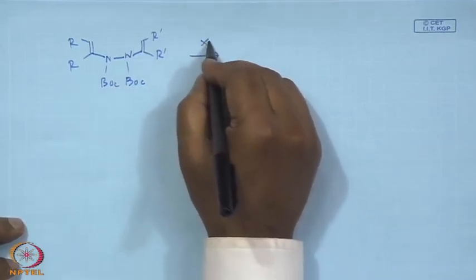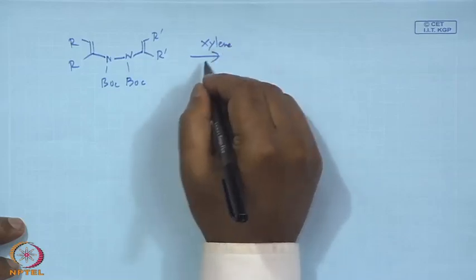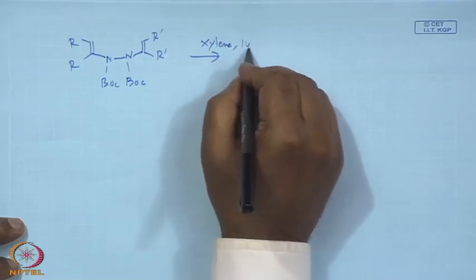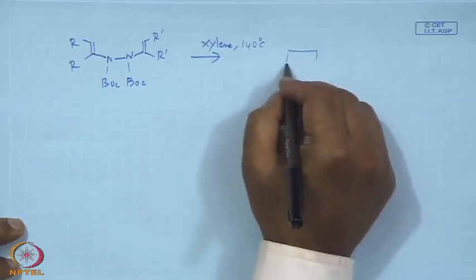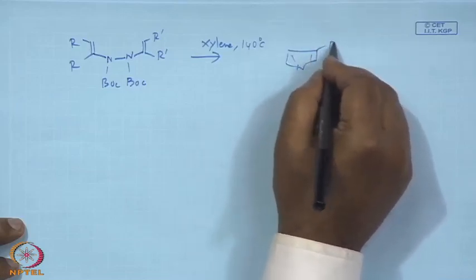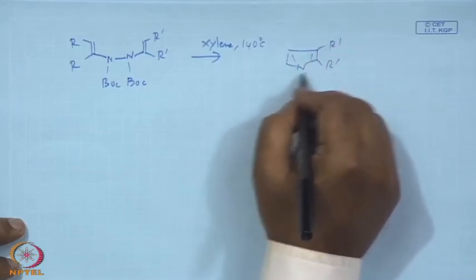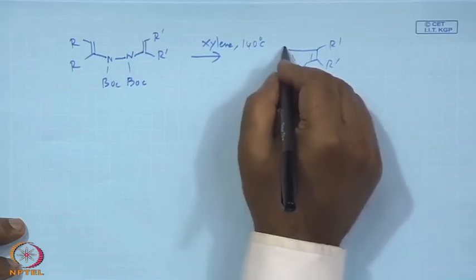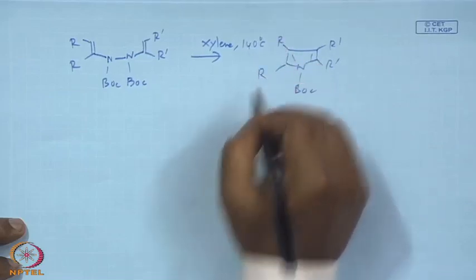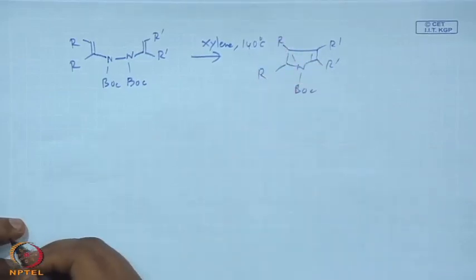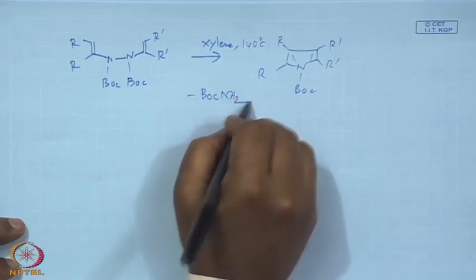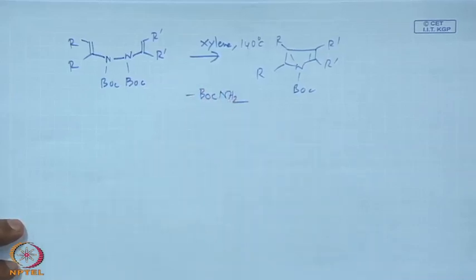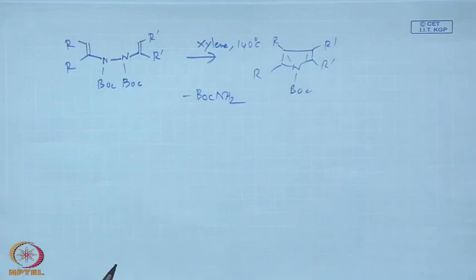What you have to do is take xylene, whose boiling point is around 140 degrees, and simply heat it, and you will get the corresponding Boc protected pyrrole. Mind it, in this case what you are losing is not ammonia, you are losing Boc-amide. Okay.